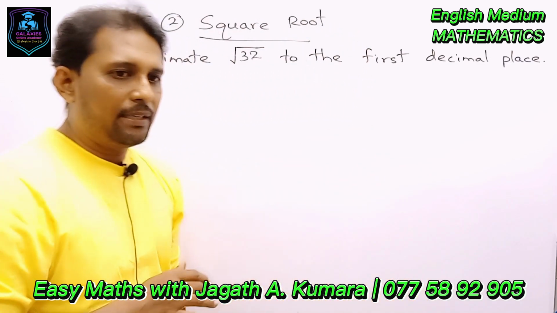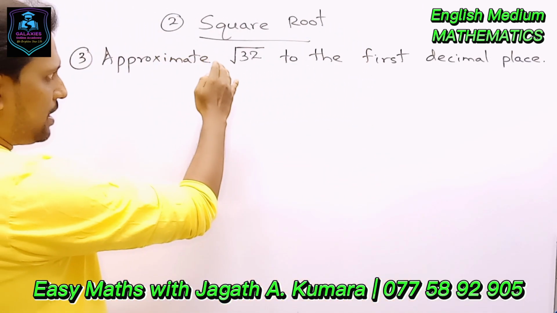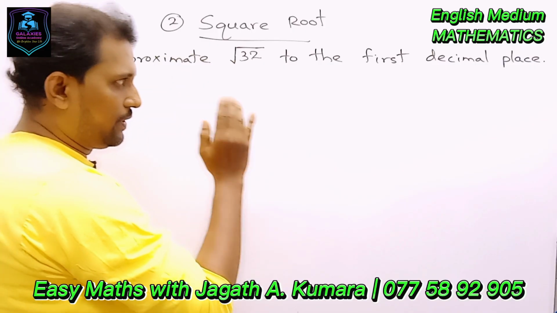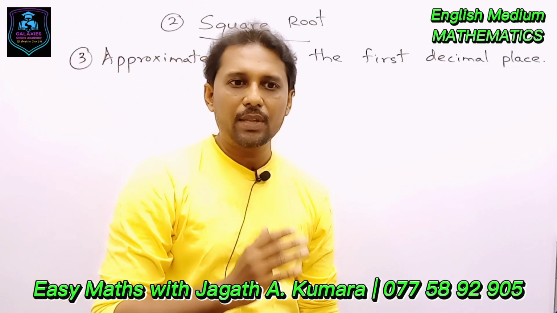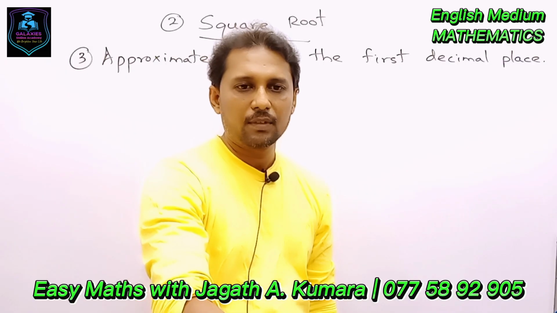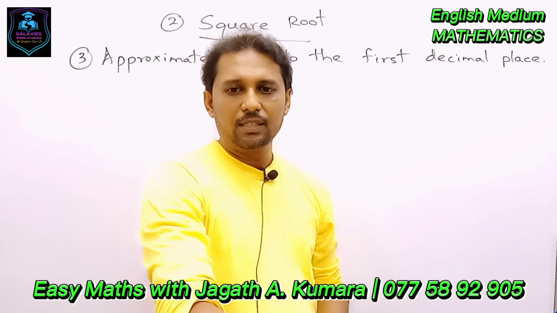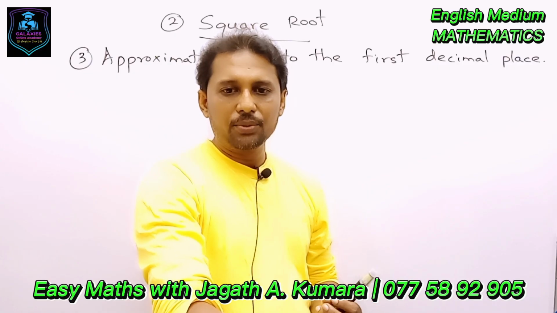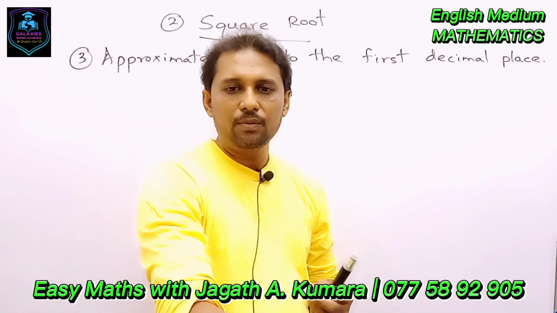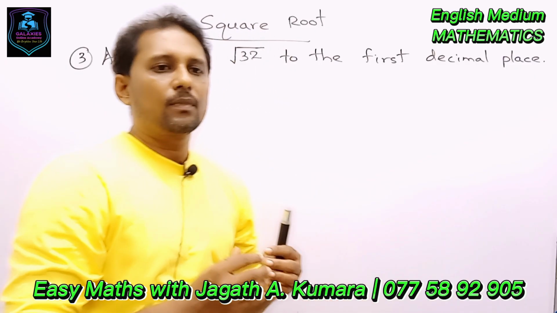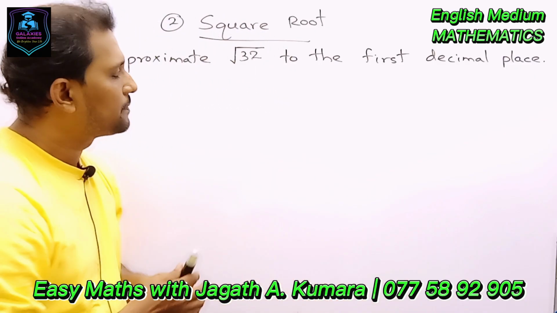You have to find the square root of 32 to the first decimal place by using the approximation method. When you use the approximation method, first you check which two perfect square numbers 32 lies between.